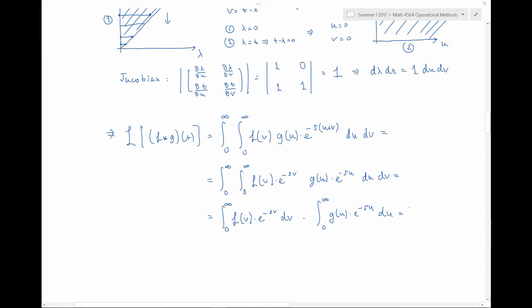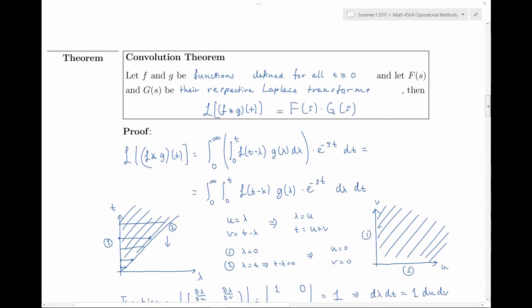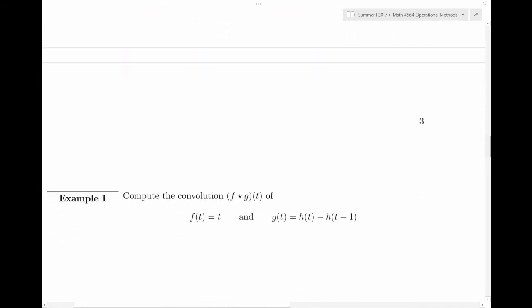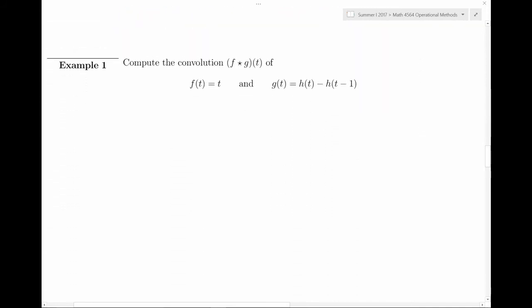And this is exactly the product of the Laplace transform of f times the Laplace transform of g. Alright, this proof was a bit longer than the proofs we considered before, but this is the main takeaway. If we multiply the Laplace transforms, what happens in the time domain is the convolution. We can use this to find convolutions.